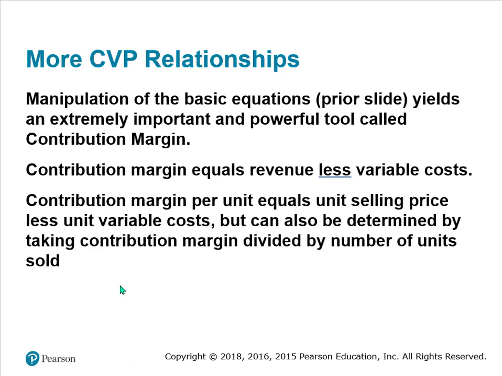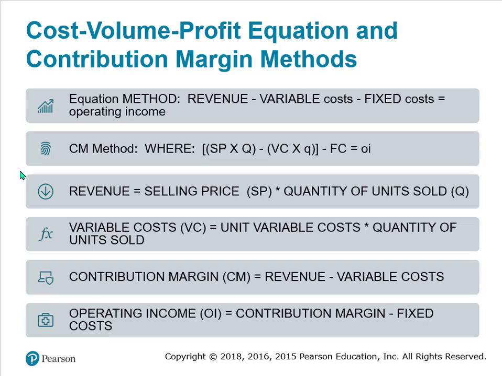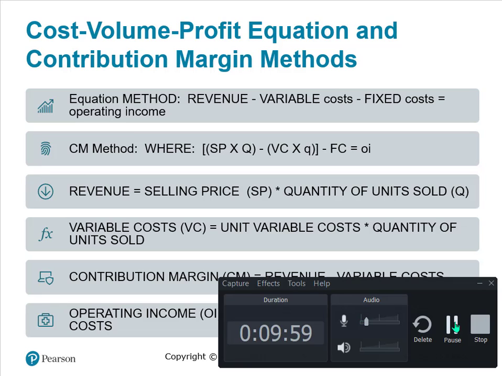Now, looking at one of the basic formulas from the slide before last, we can calculate contribution margin by subtracting variable costs from revenue. We know this. Here are several equation and contribution margin methods.